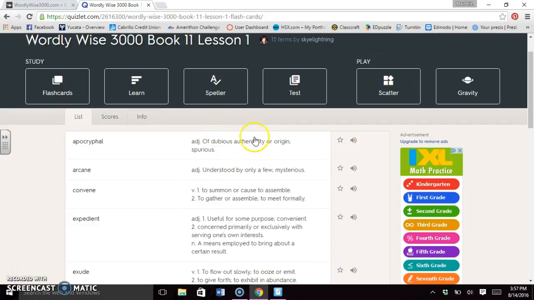What this means, as in dubious authenticity, is the fact that even though it's not correct or not authentic in its origin and where it came from, because the story has been told so much, people have taken it to become true.